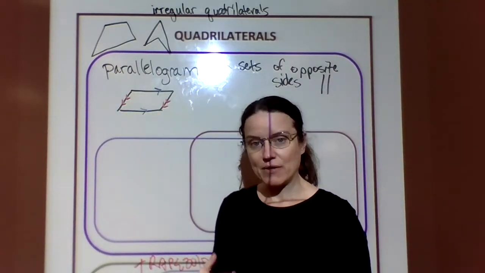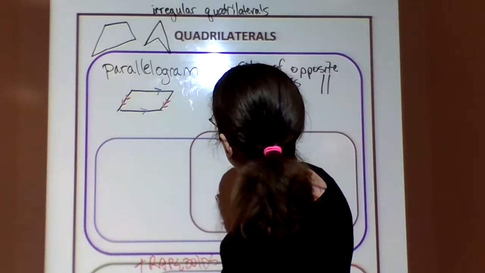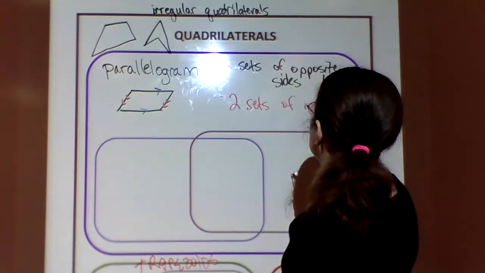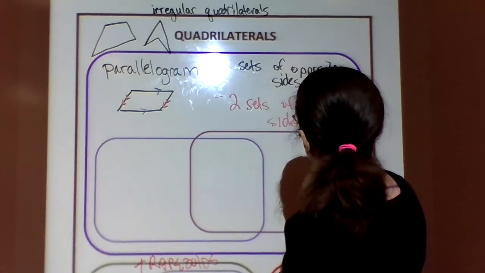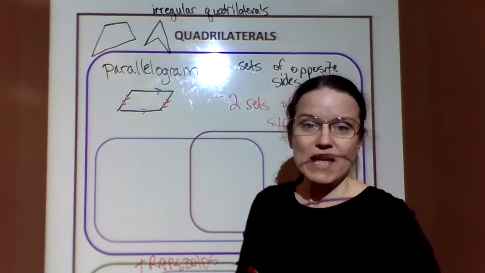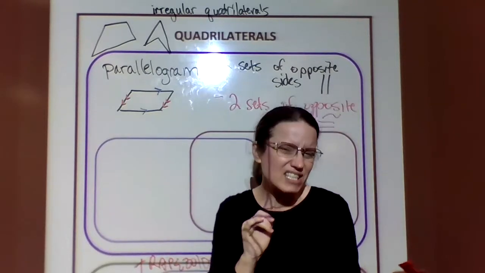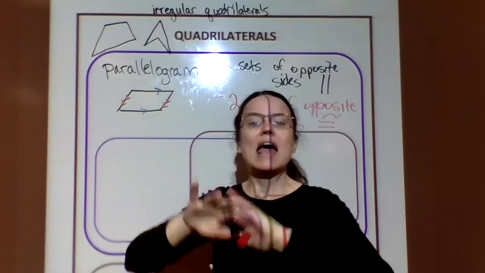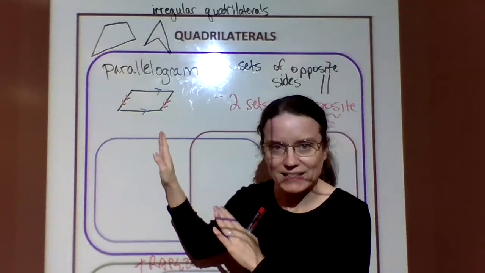A fun fact about this is that if you've got two sets of opposite sides parallel, you'll also have two sets of opposite sides that are congruent. And we actually could prove that using all of those parallel properties with alternate interior angles and alternate exterior angles and isosceles triangles and all that stuff we've done before.